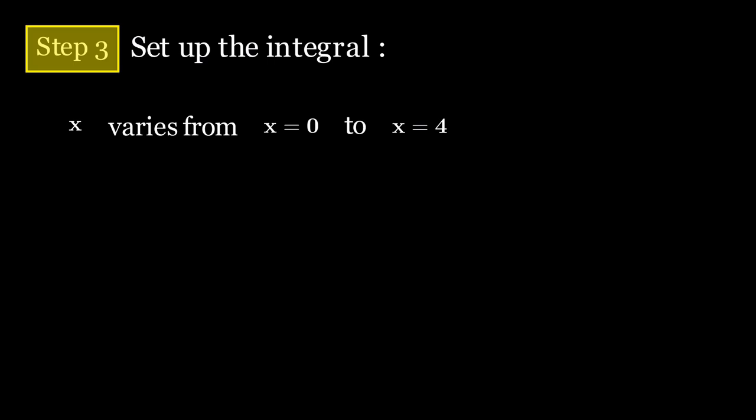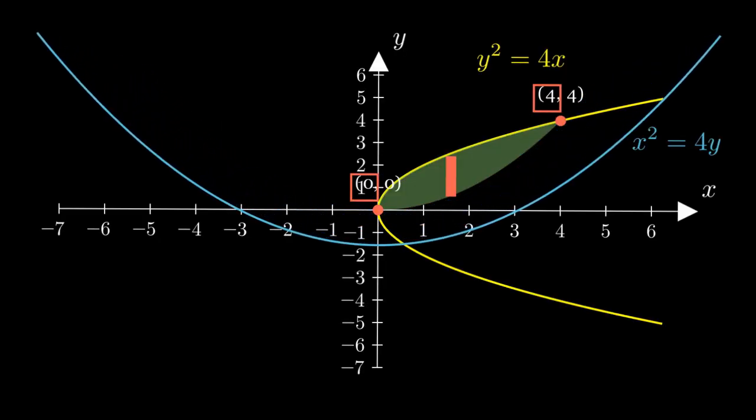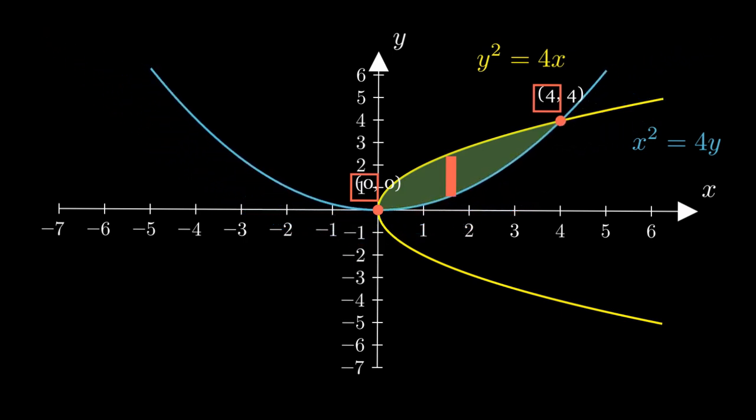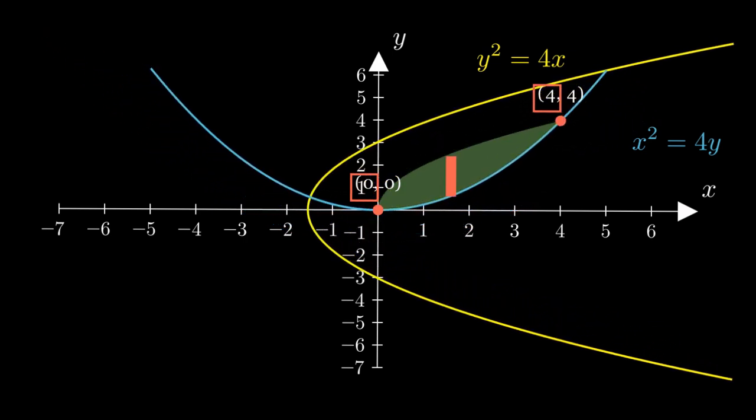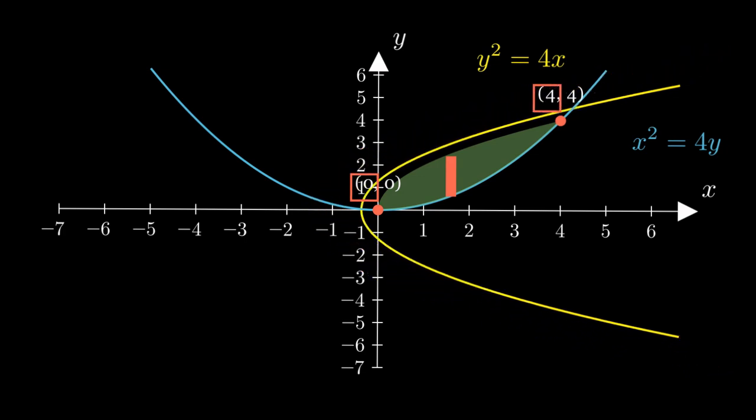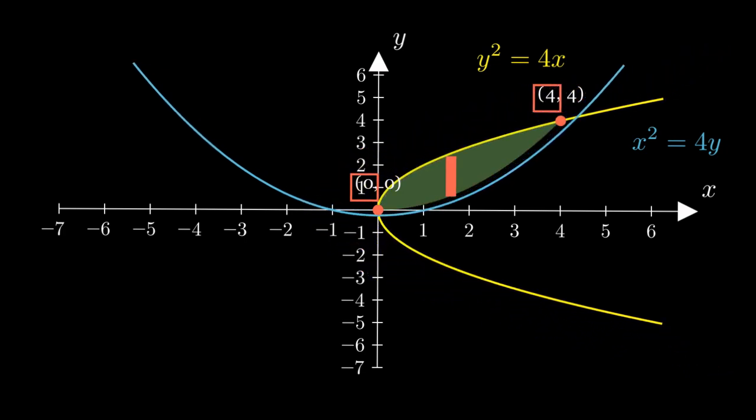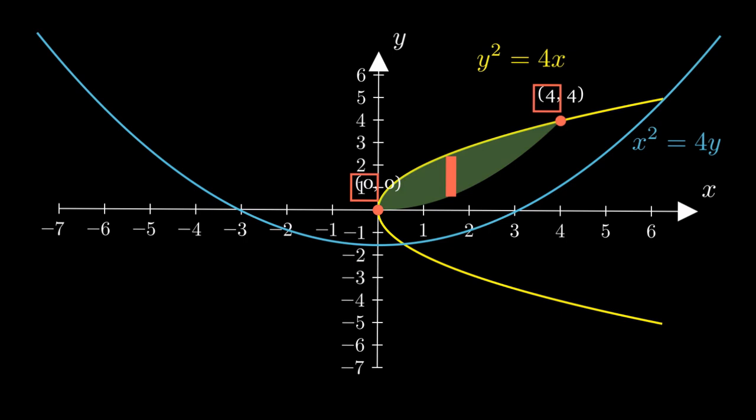For a fixed x, the strip extends from the lower curve to the upper curve, meaning we integrate in terms of y. For the lower curve in terms of y, take x squared equals 4y.